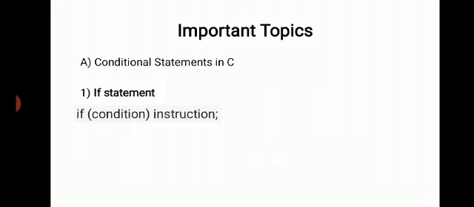For example, if you remember, to check the greatest of two numbers, we used that particular statement. In this video, we are just focusing on the important part and I will just touch on it. The depth of the topic has already been covered, and you are 100% aware of it.